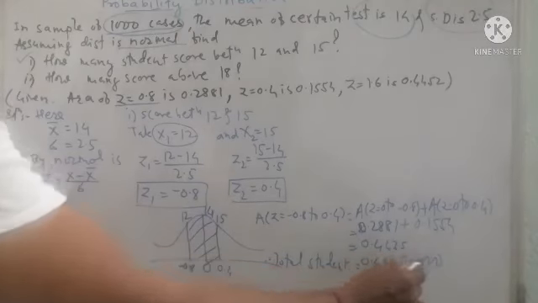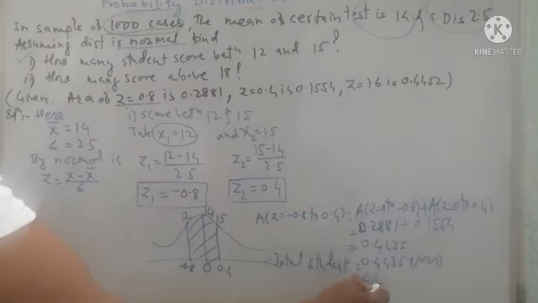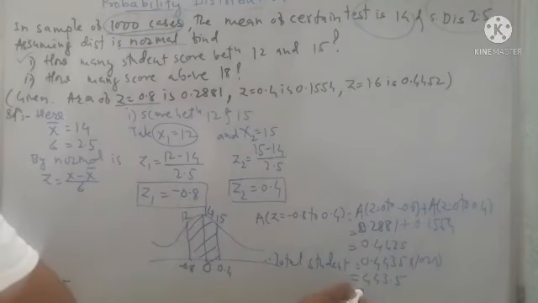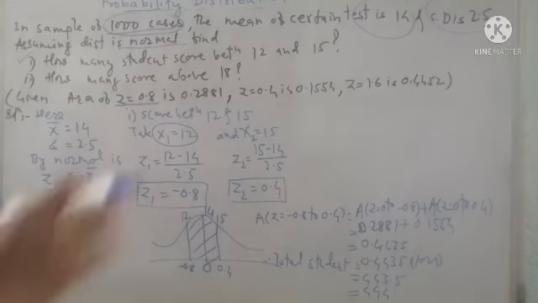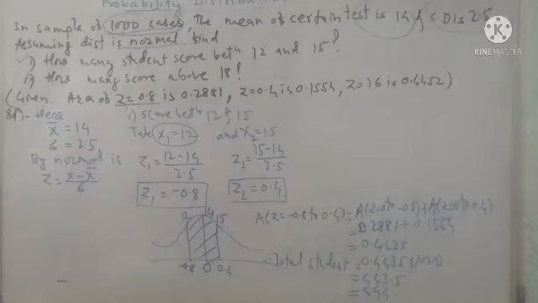Multiplying by 1000 we get 443.5. As a student is not a fraction, we take this as 444. That means the number of students having a score between 12 and 15 is 444.